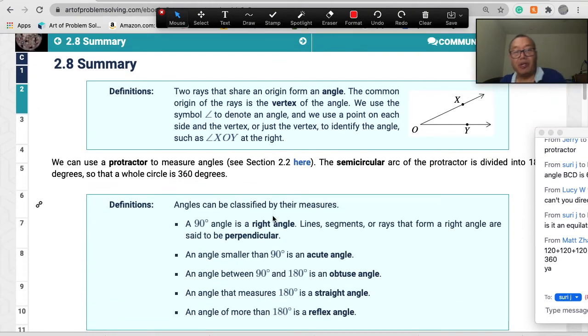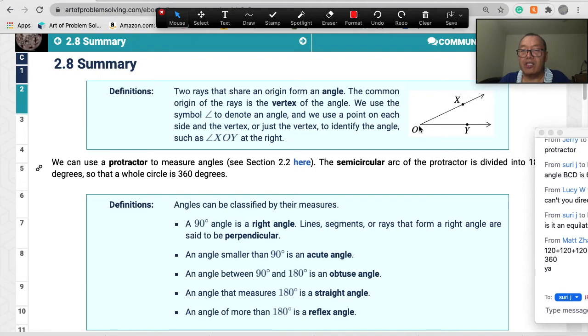Now let's summarize. In this chapter, what we learned is angles, vertices and triangles, right? If you have two rays starting at the same vertex, then you form an angle. We call this vertex the origin of this angle.